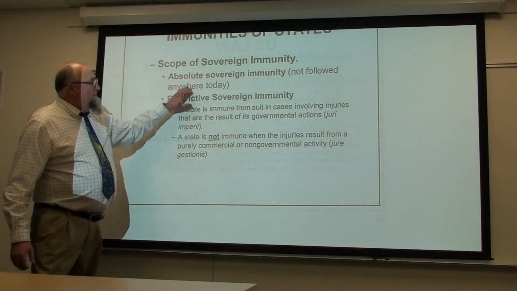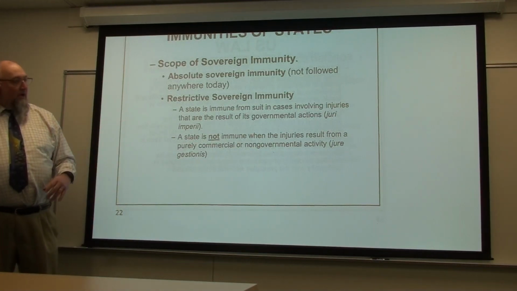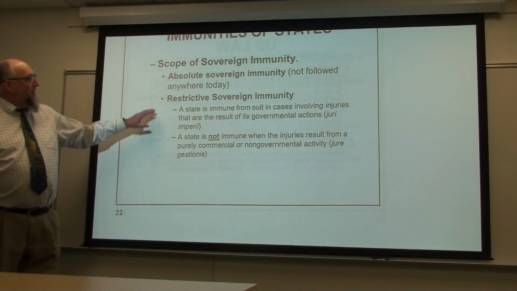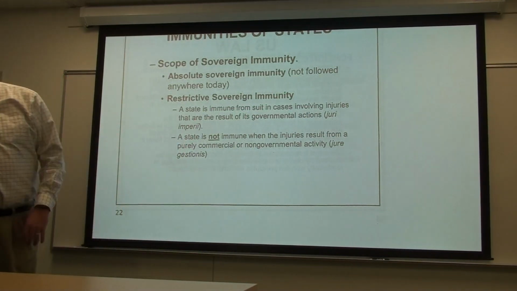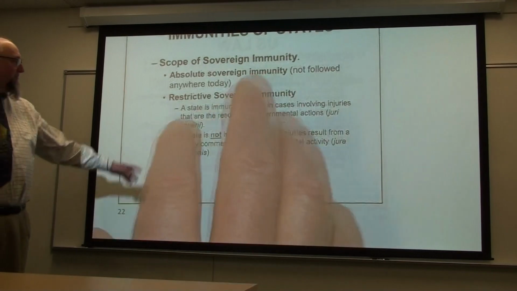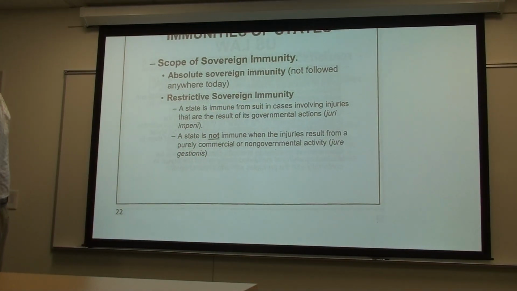So absolute sovereign immunity is not really followed, just as a matter of evolution of law, and I'll show you why in a moment. So now we have more of a limited sovereign immunity. Don't worry about these Latin phrases, jure imperii, we're not going to get into all that. But I do want you to know this.